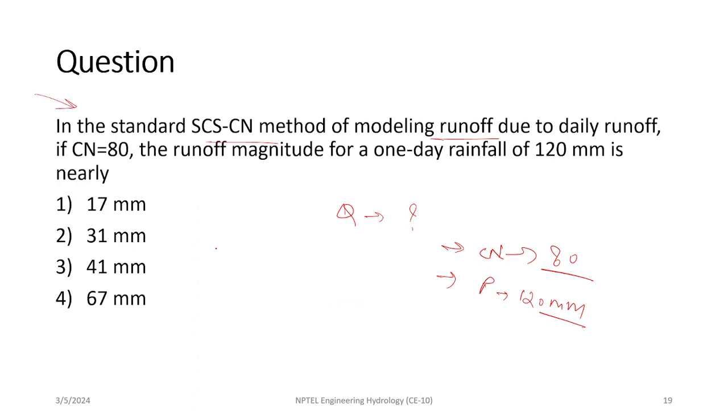So tell me the approach now. We want to quantify runoff. We have been provided with P, that is the total precipitation, total rainfall. Then the curve number is also here with us.